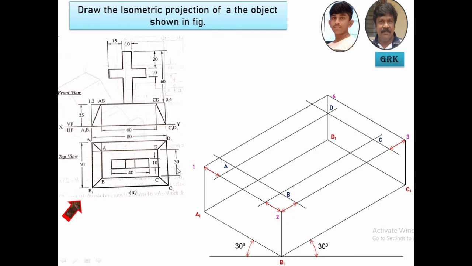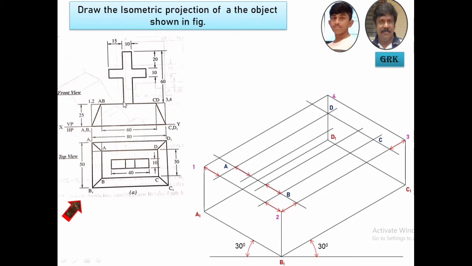This width is 30 mm minus 10, the thickness of that cross bar, so you'll get 20, divided on either side, you'll get 10 mm. So let us get this line. Measure this horizontal width 10 mm. From here you mark 10 mm, ISO 10, get the line. Similarly, draw a line here, get this line in the isometric projection.